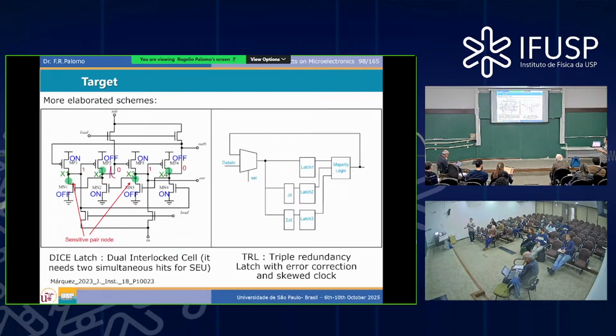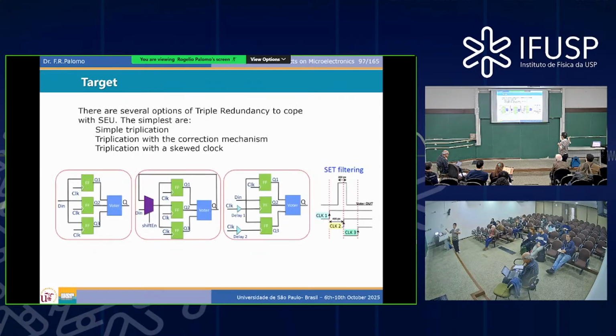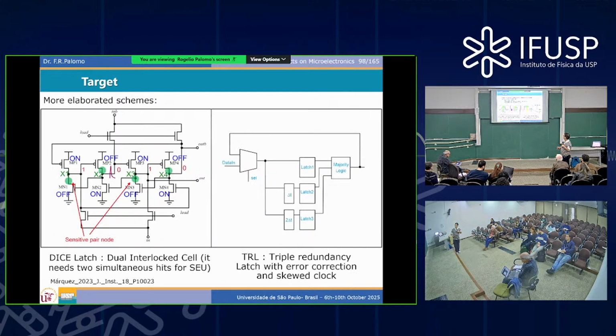There are more elaborate schemes. This is the triple redundancy latch with error correction and skew clock, incorporating every solution in only one. And this is an even more elaborate technique. It's called the DICE latch. We recently published the whole research two years ago in the Journal of Instrumentation, Fernando, myself, and the people from Marseille.